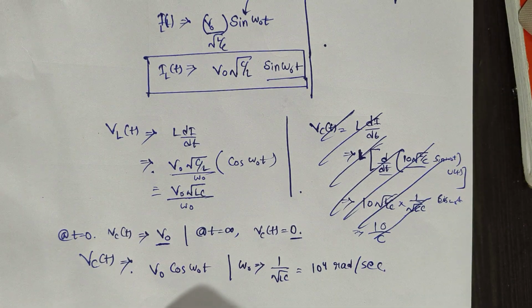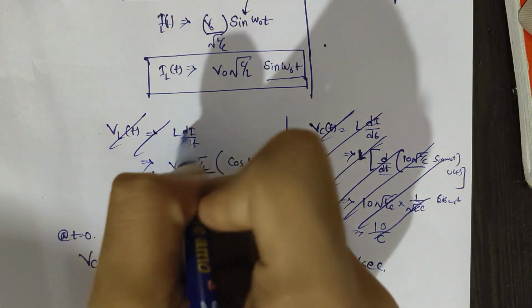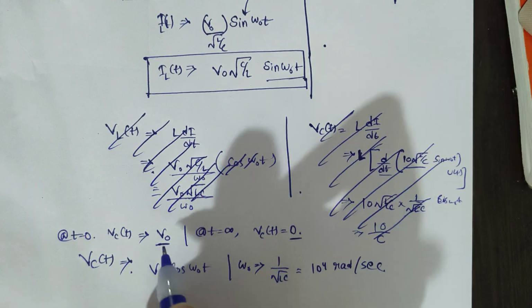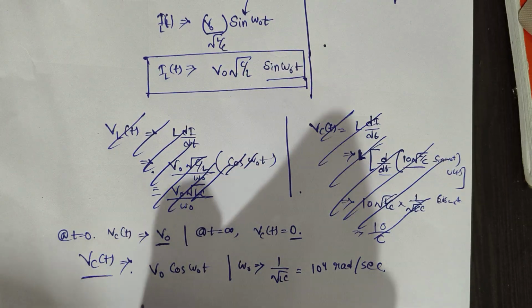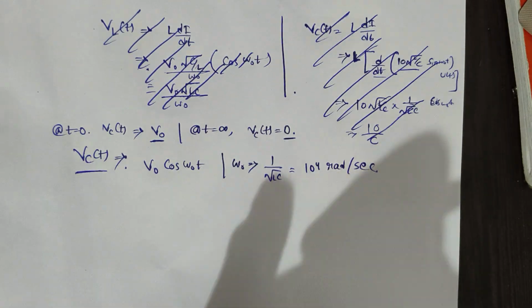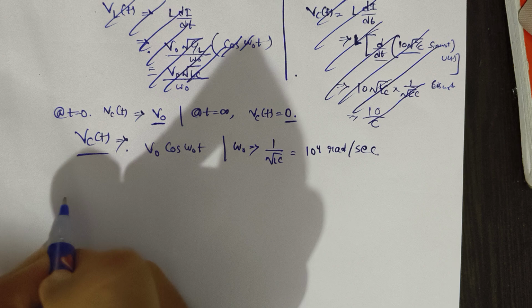So we got IL(t) and VC(t), right? Right.